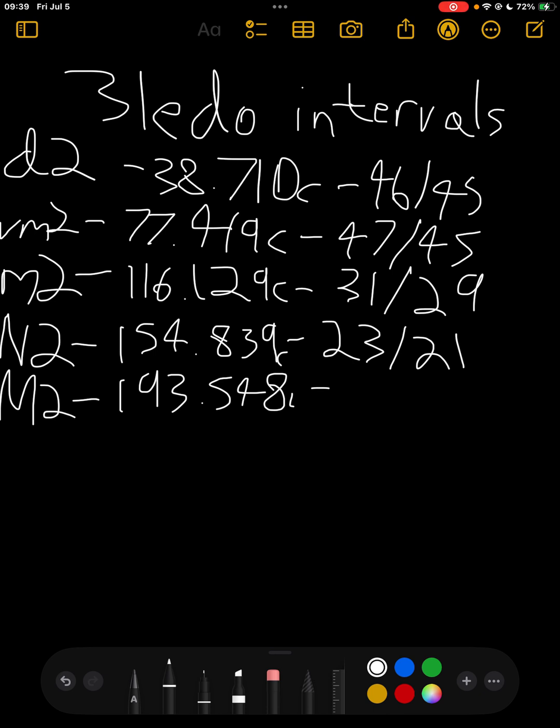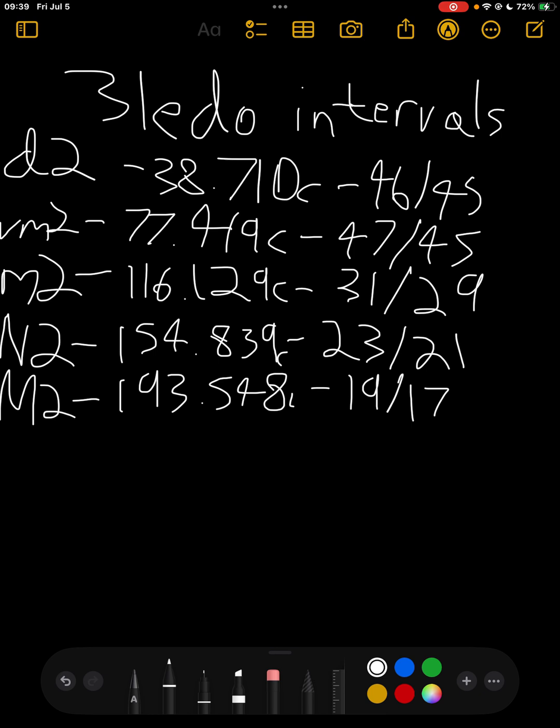Let's see, 10 to 9. Does 10 to 9 work, possibly? Nah, 10 to 9 is too far off. Maybe 19 to 17 then. Yeah, 19 to 17 seems good enough for me.